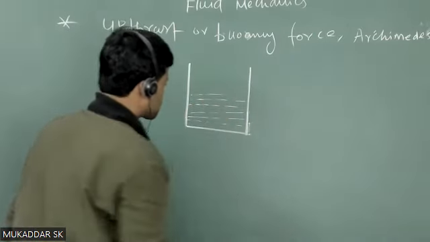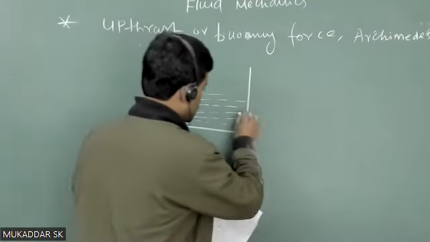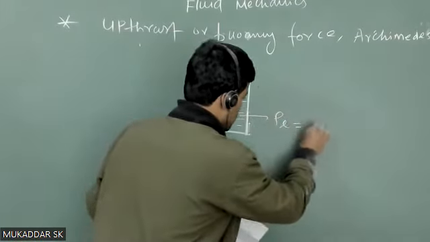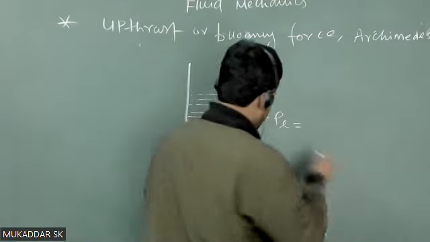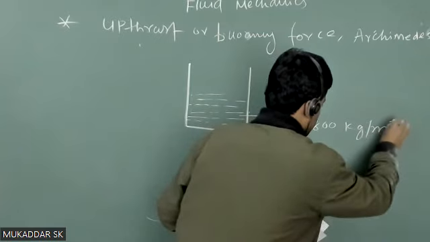And the density of this liquid is given, that is 800 kg per meter cube.